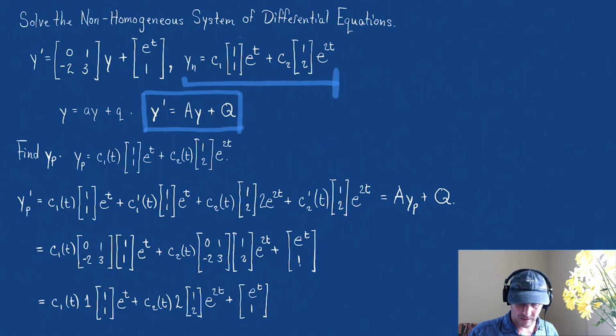Okay, and now look at this. If I grab some blue and a highlighter, on the left-hand side I have some pieces that are just opposite, so they're going to cancel.